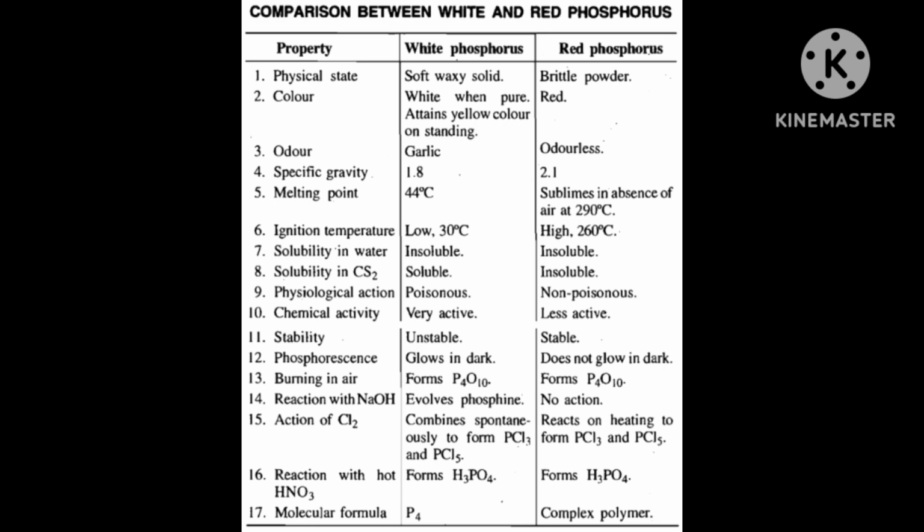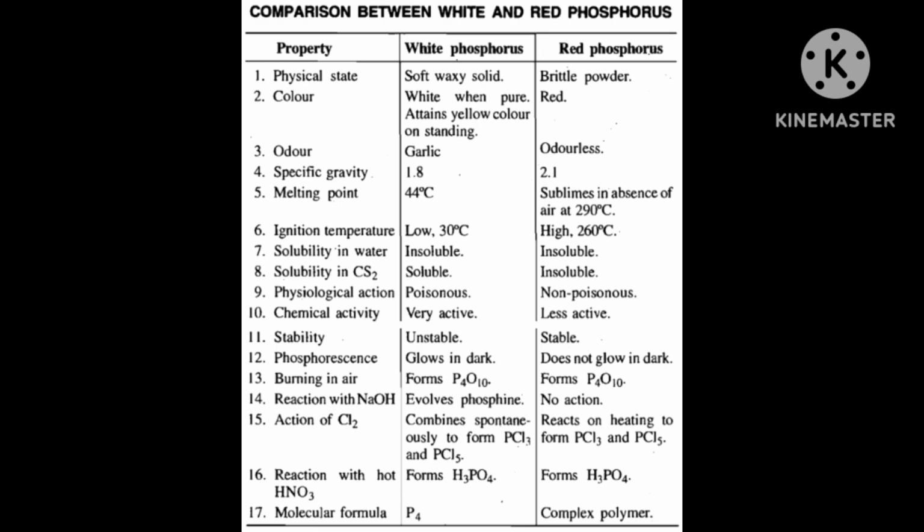We got PH3. Again, the balanced reaction: Ca3P2 plus 6H2O gives 3Ca(OH)2 plus 2PH3.